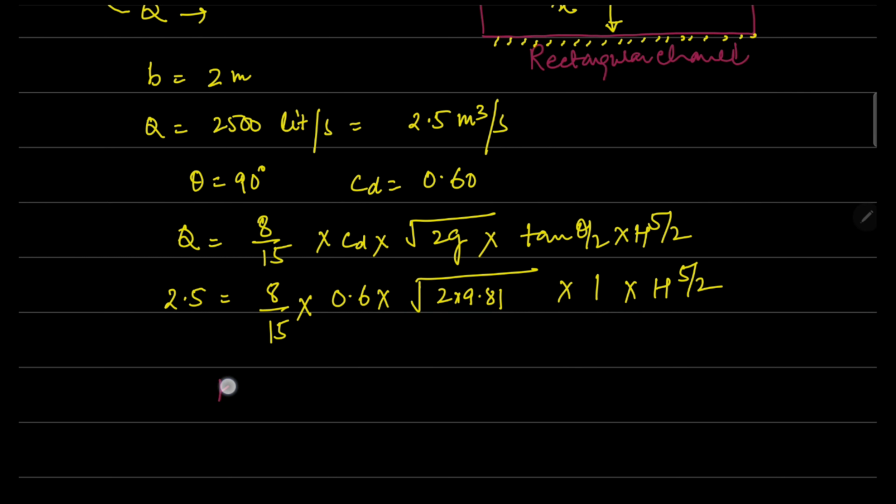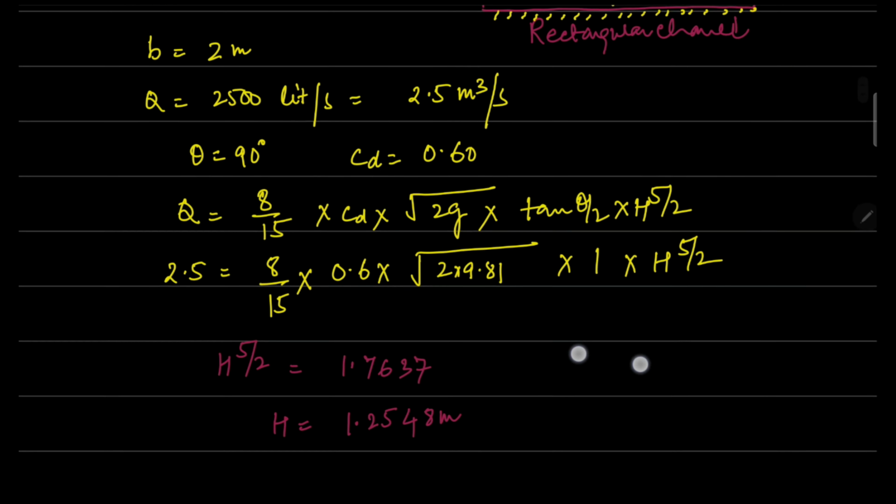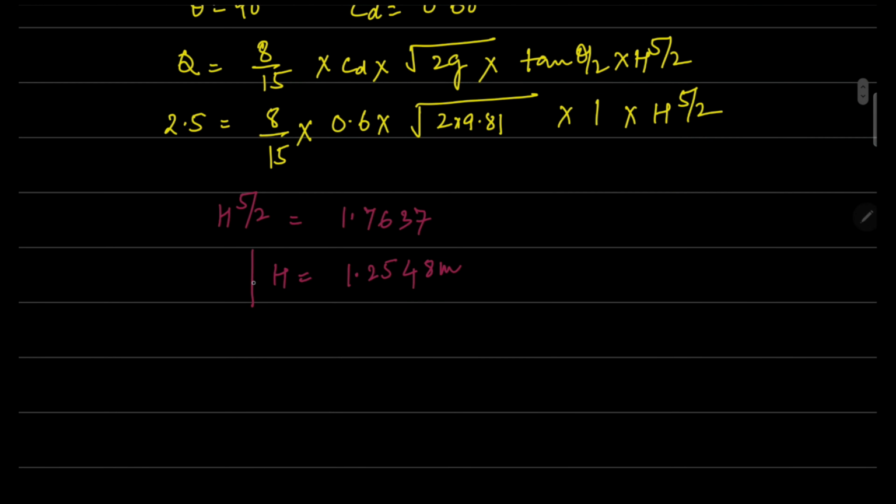So the h raised to the power 5 by 2 will be equal to, that comes out to be 1.7637. So this value will give the h value, which is coming out to be 1.2548 meters. So h is known to us.